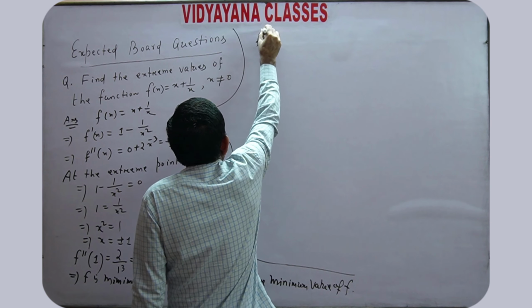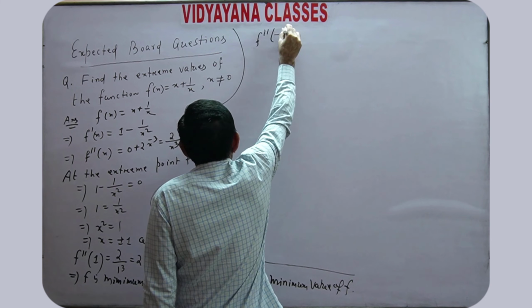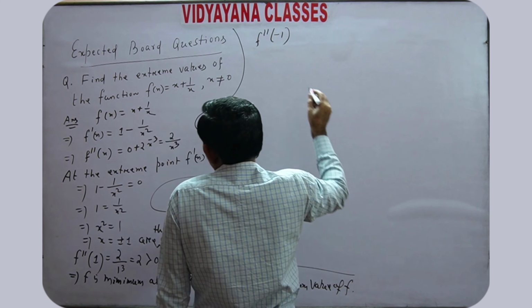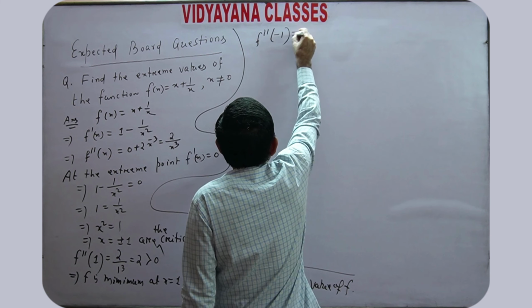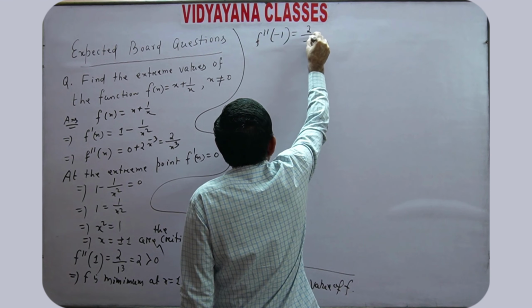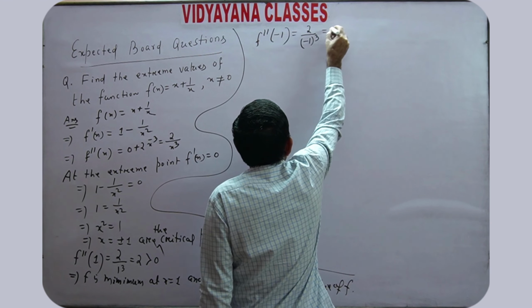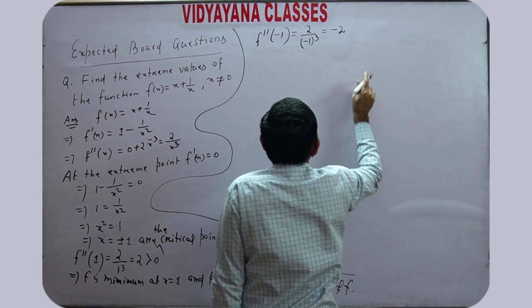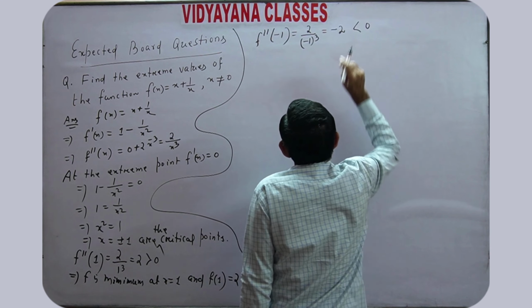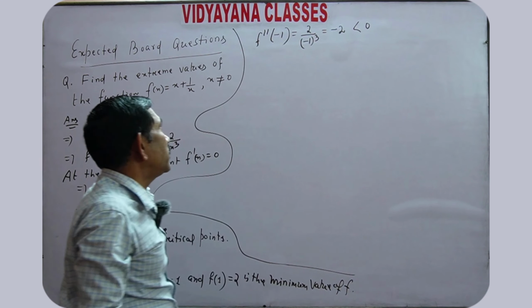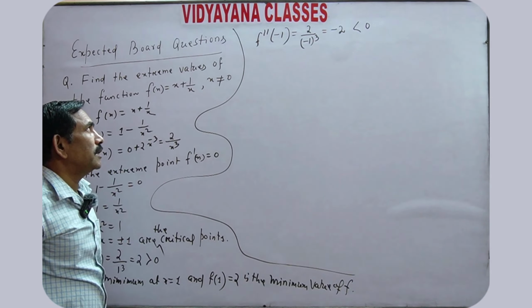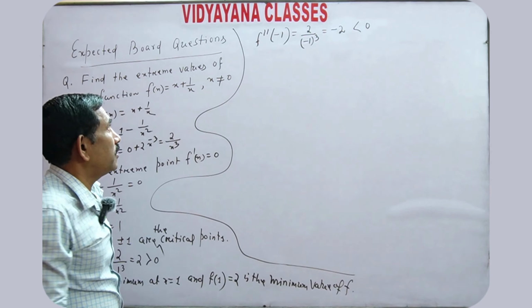f double dash minus 1, which implies 2 divided by minus 1 whole cube is equal to minus 2, less than 0. The second derivative at x equal to minus 1 is negative.